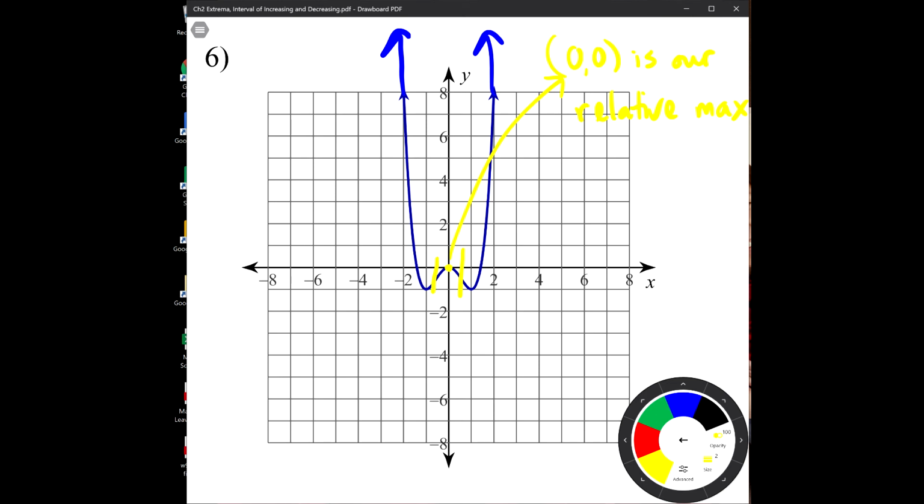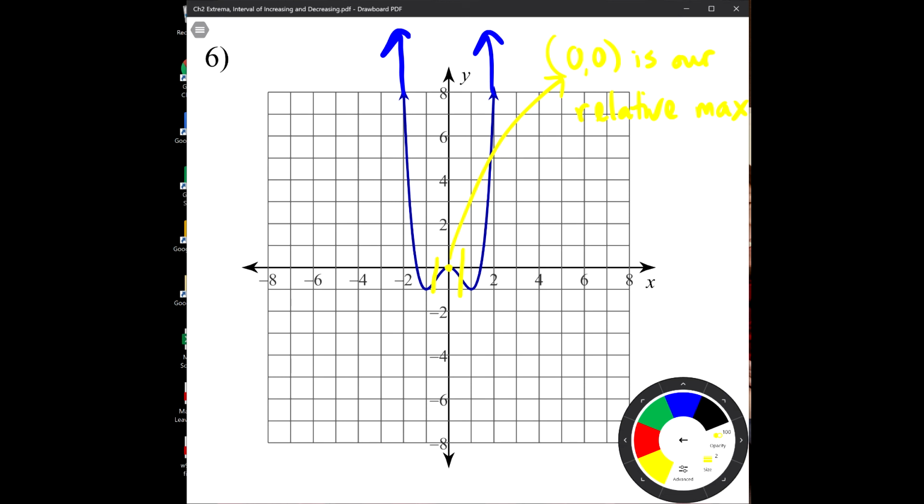Again, the difference between local max and global max, or absolute max and relative max, is that absolute max or global max has to be the highest point on your graph for the entire graph. But local max or relative max is only a maximum point within an interval.